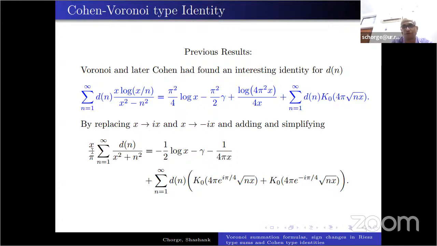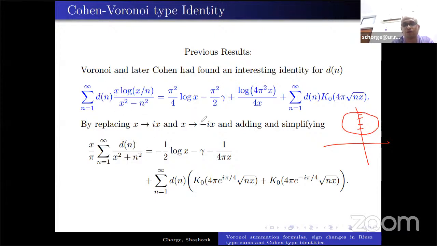Suppose I take a contour around the positive imaginary axis and find the residue at these numbers. These residues are nothing but d of n. So if I integrate this function around a contour, I will get a Voronoi type summation formula for d of n.